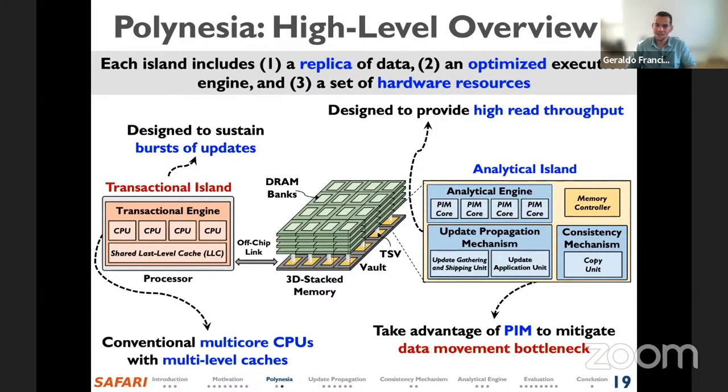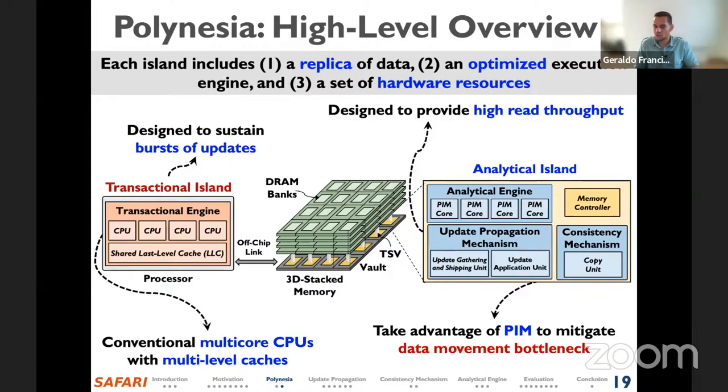We use those cores because there are many prior works in the literature showing that transactional workloads have a lot of locality when they are running updates. As we know, to exploit locality it is really good to have caches, and also the out-of-order execution model of the host cores helps. So this is why we decided to design the transactional engine with regular CPU cores.